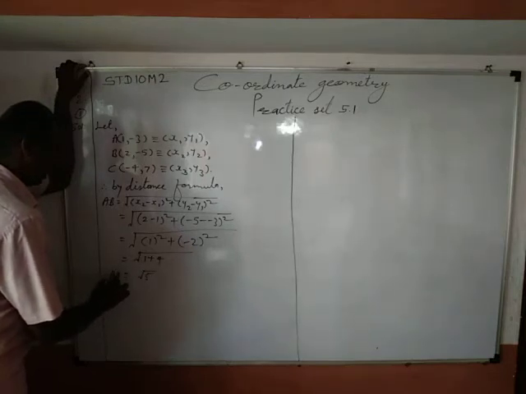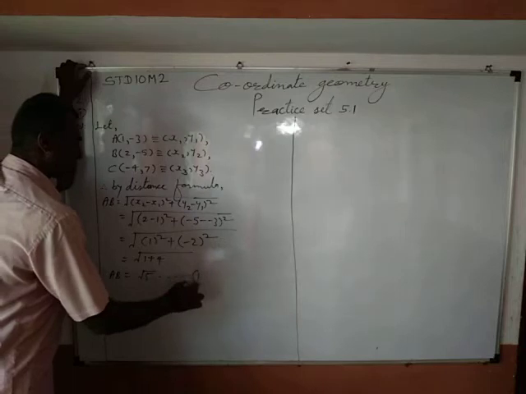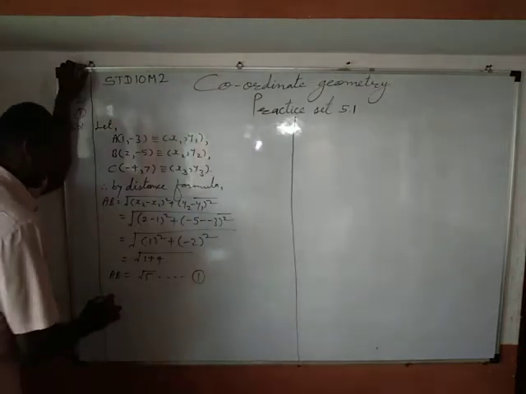Therefore, AB equals root 5. Let's call it equation 1.